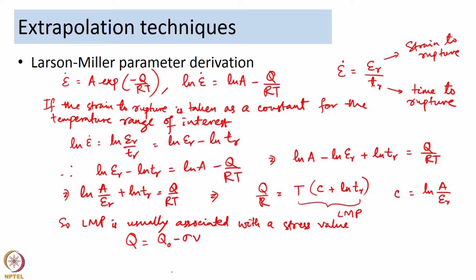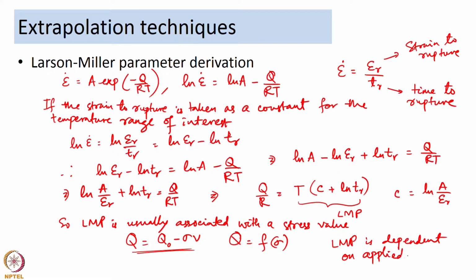Q naught is the stress free activation energy, and whenever you apply a stress, the activation barrier is going to come down on account of the work done by the applied stress. The stress is assisting you in overcoming the barrier easily. So Q is always dependent on stress, and that is why LMP is dependent on applied stress. As the stress value changes, the LMP value also changes.